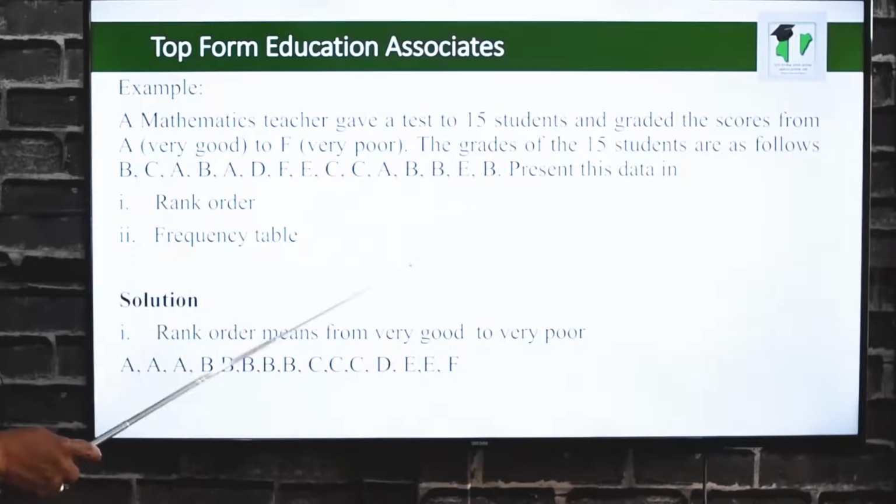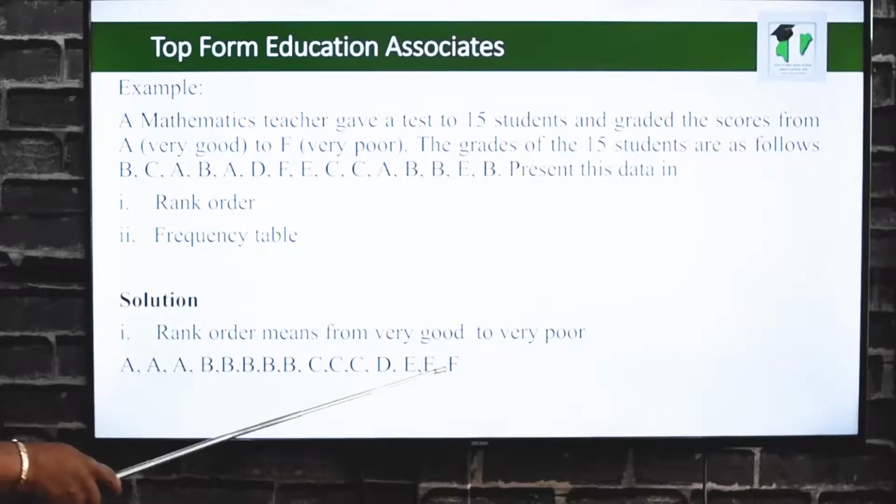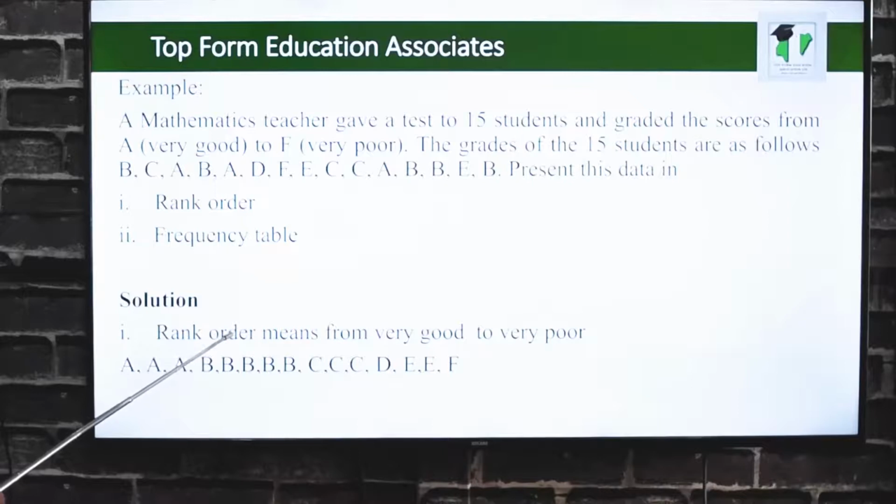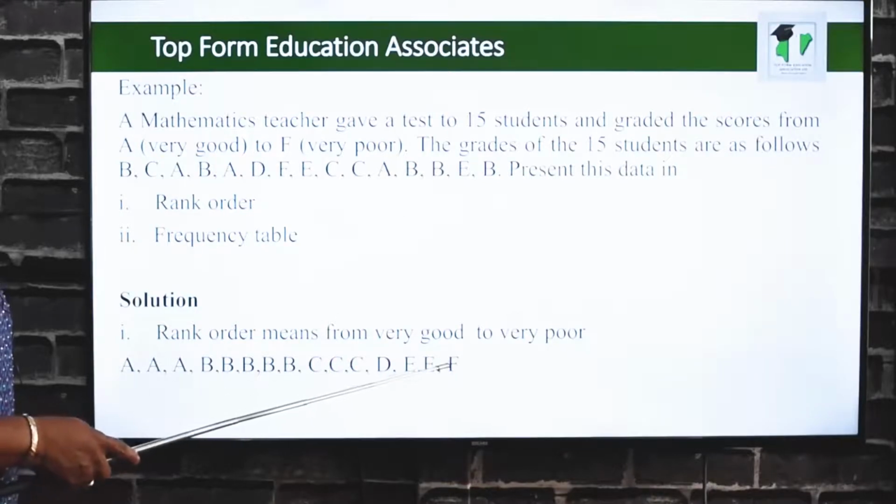E and E. F. How many? Only 1. So this is a rank order list, showing the students' performance from very good, A, to very poor, F, and the number of students.